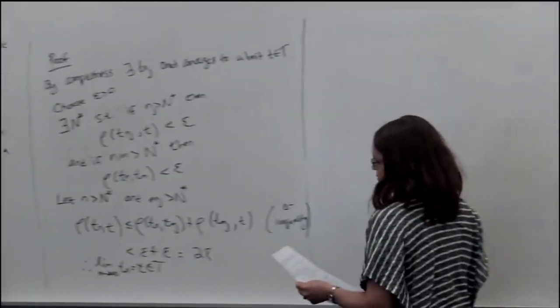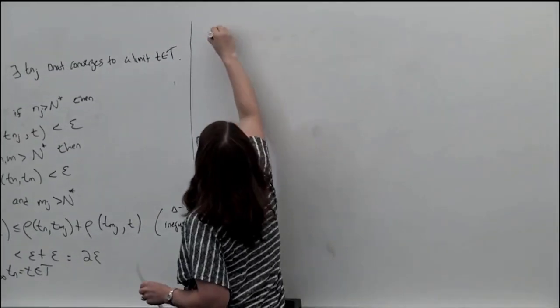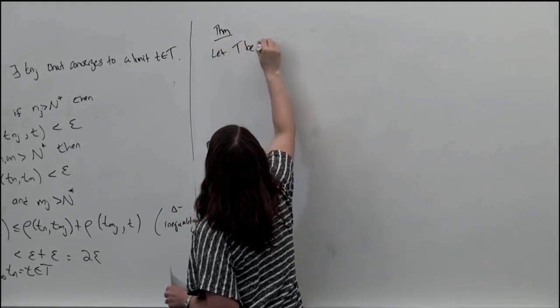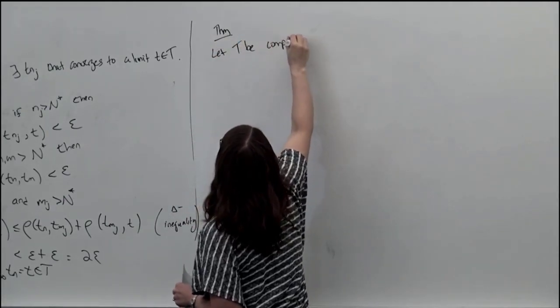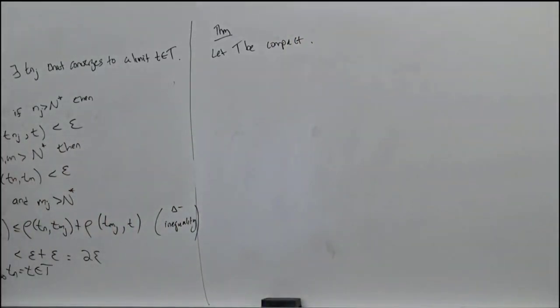Now, one other thing that is true about compact sets which we can use in general: compact sets are closed and bounded. That is true. This is not an if and only if, but if I have a compact set, it's automatically closed and bounded.